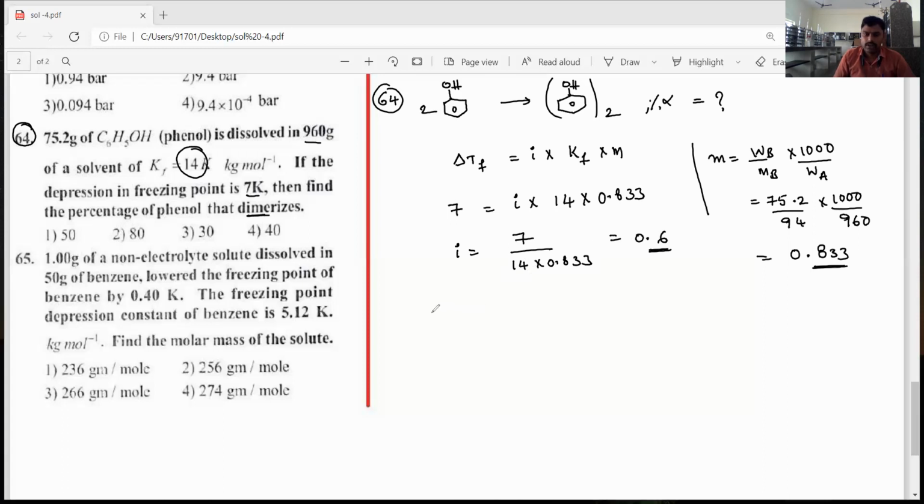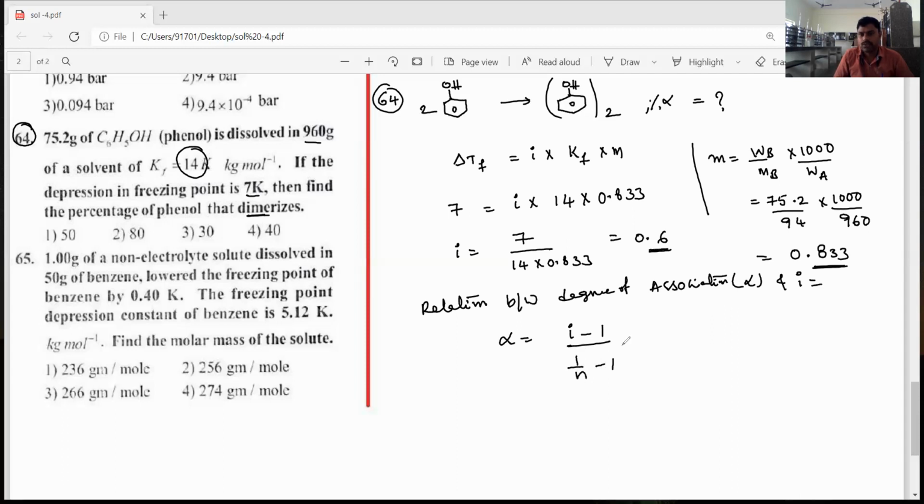Now we know the relation between the degree of association alpha and i. So alpha is equal to (i minus 1) divided by (1 by n minus 1).